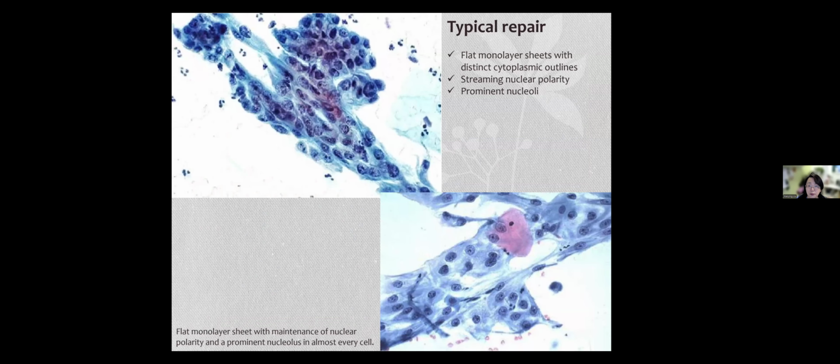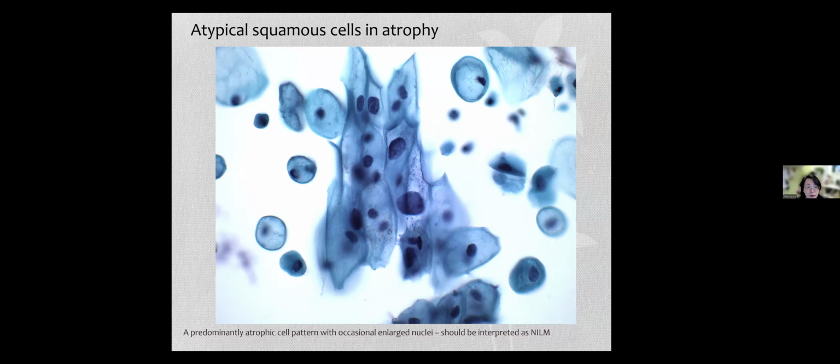This is another atypical repair. You can see also very prominent nucleoli, smooth nuclear contour, and a little bit of streaming nuclear polarity, which you can see from this picture.